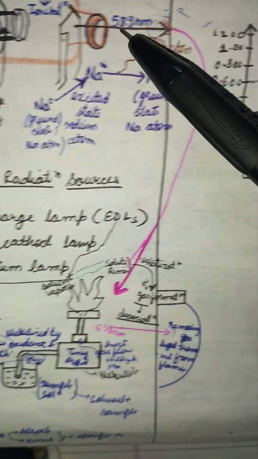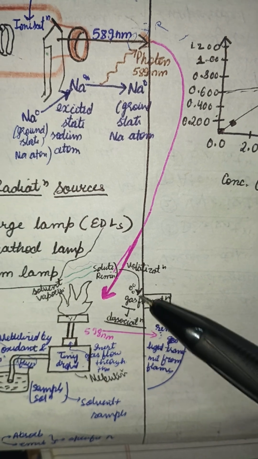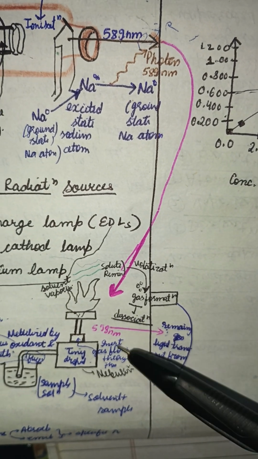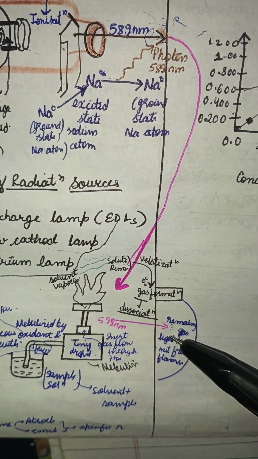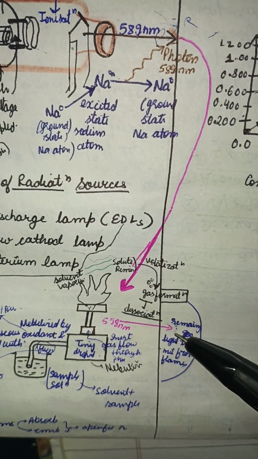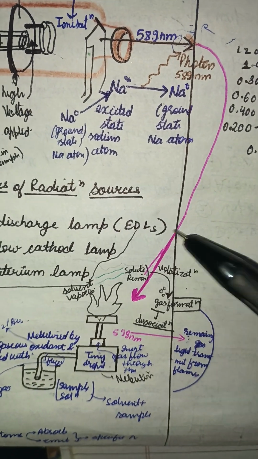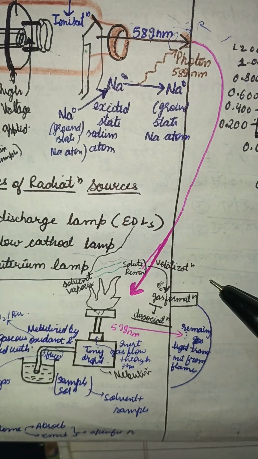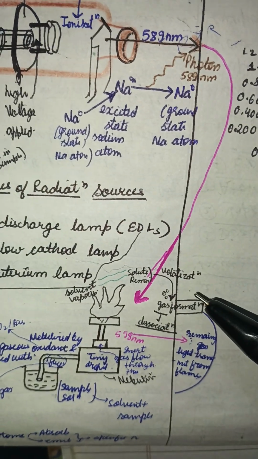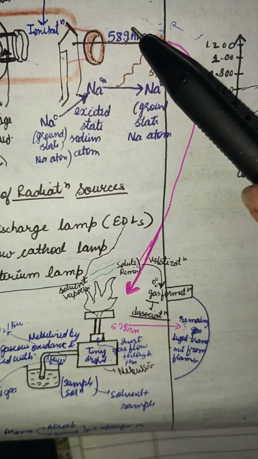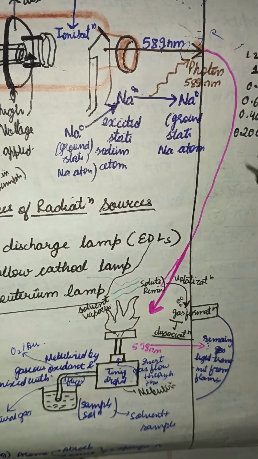In this, the 589 nanometer light falls on the gas molecules, which are converted into atomic form, and they absorb the wavelength of light and go from the ground state to the excited state. By this we know that sodium only absorbs 589 nanometer light.